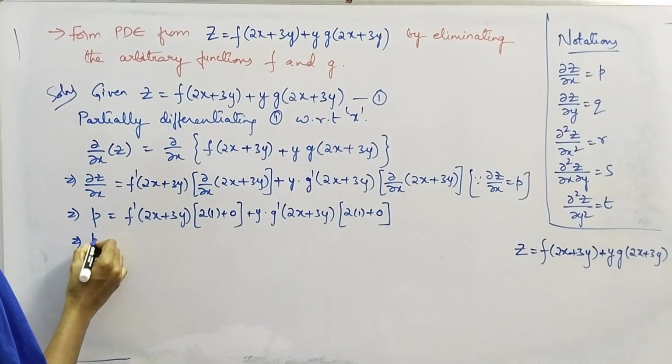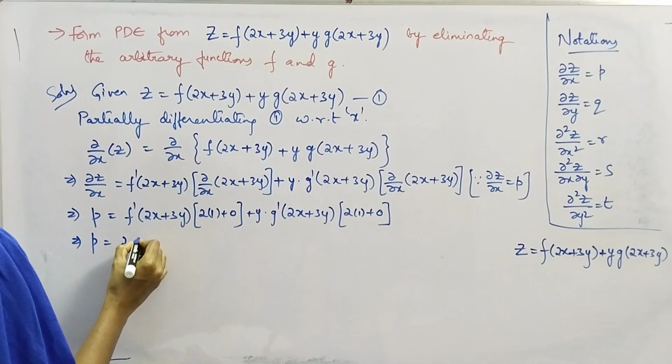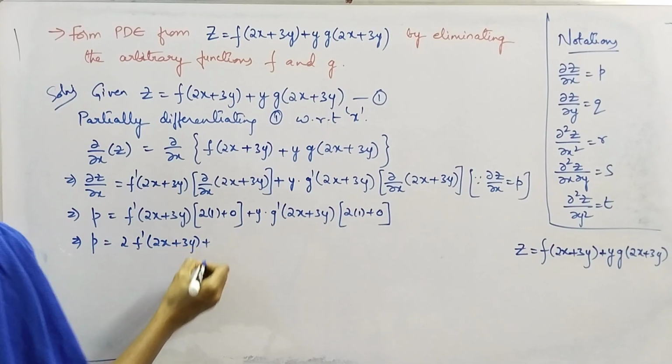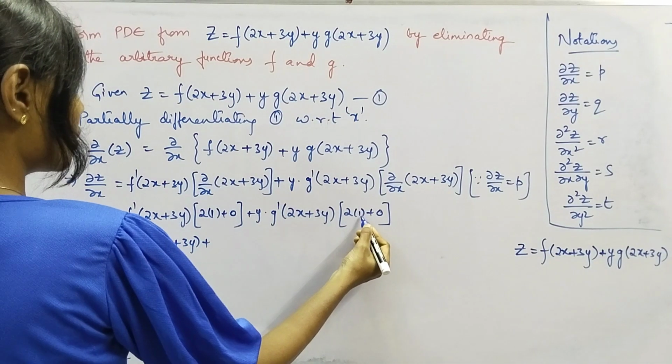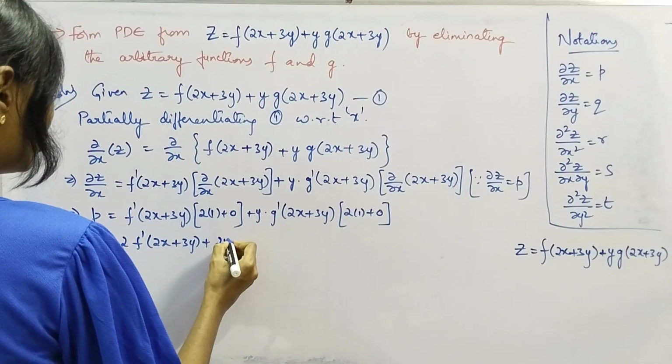This gives us p equal to 2 into 1 plus 0, 2 into f dash, that is 2f dash of 2x plus 3y, plus 2 into 1 plus 0, that is 2, into y, 2y into g dash.